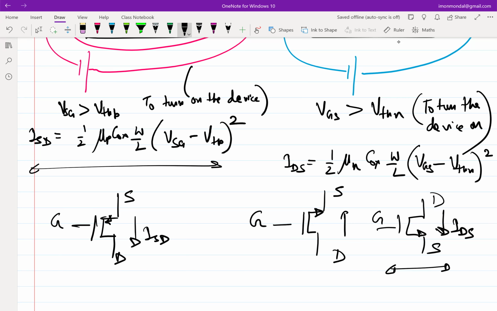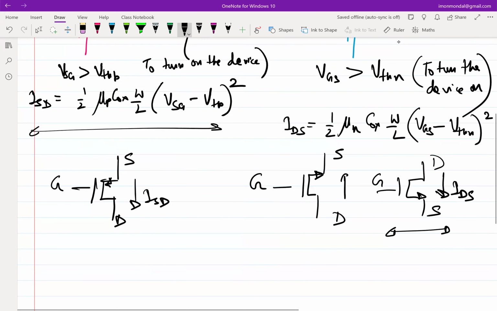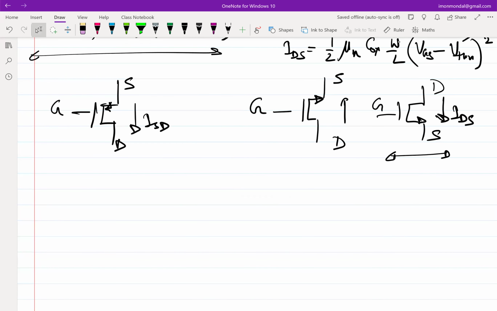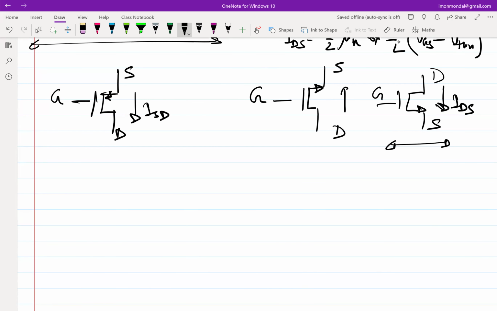Okay, now let's get to the other condition, which is the linear region condition. That is something you have to be slightly careful about. The argument is still the same. So in this case, source, gate, drain.